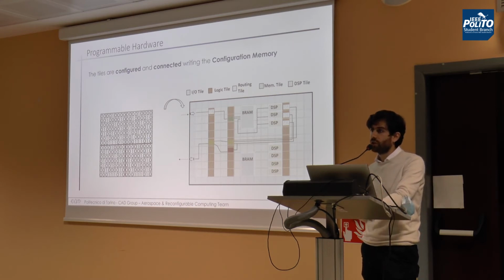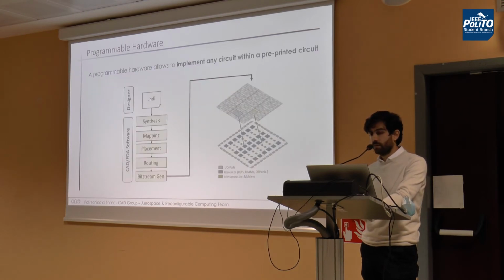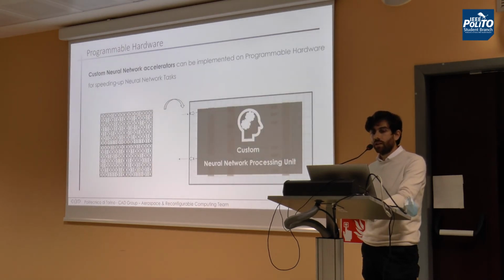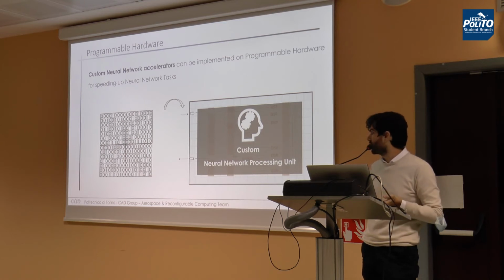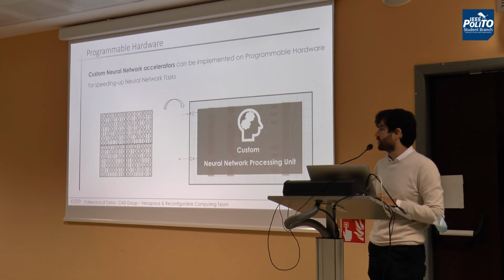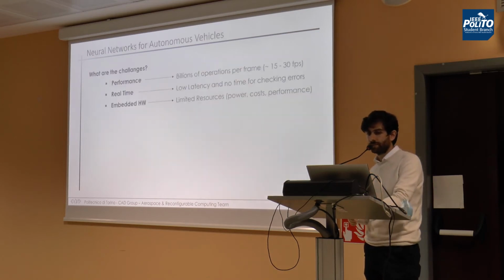If I change the content of this configuration memory, I can basically change the circuit using the same device. So the idea is to use this programmable hardware to implement a custom neural network processing unit, and this is what usually is done when we use programmable hardware to implement neural network accelerators for autonomous vehicles.